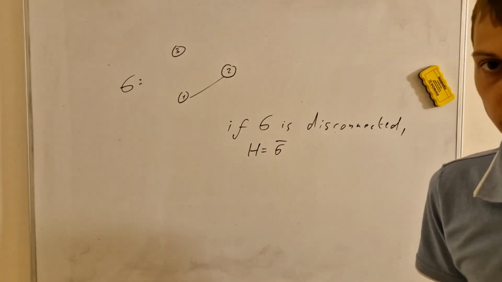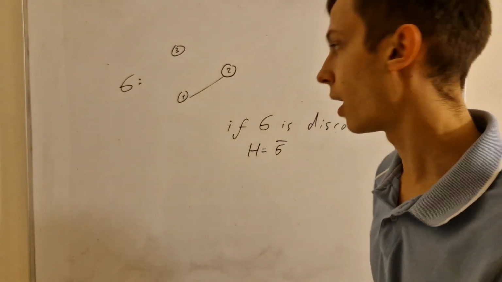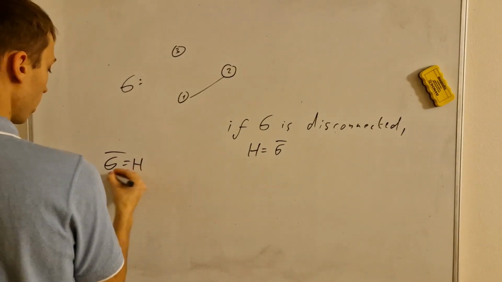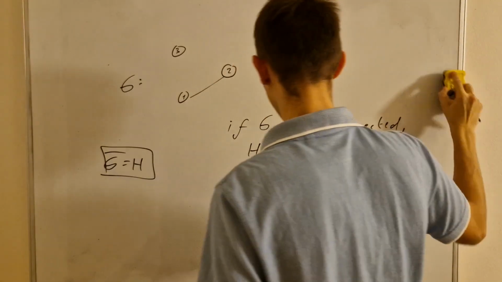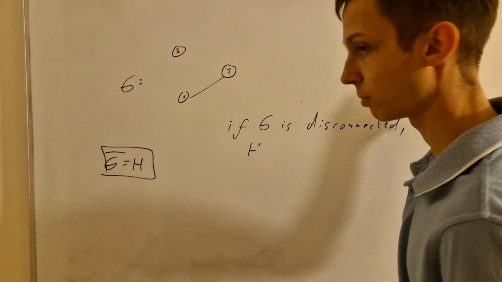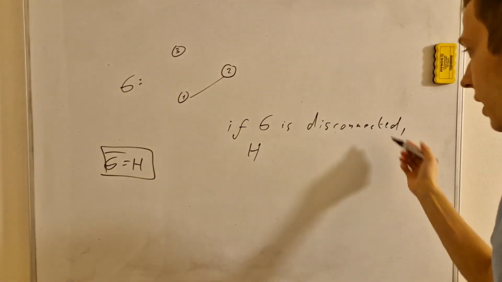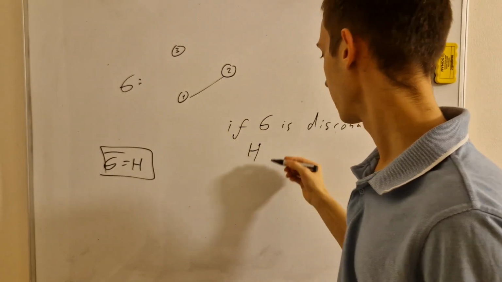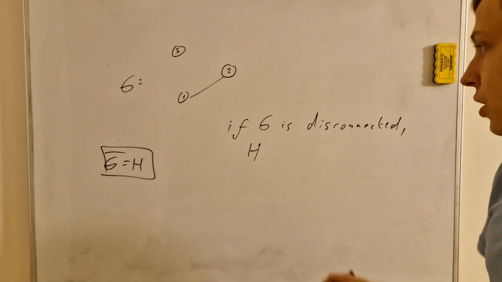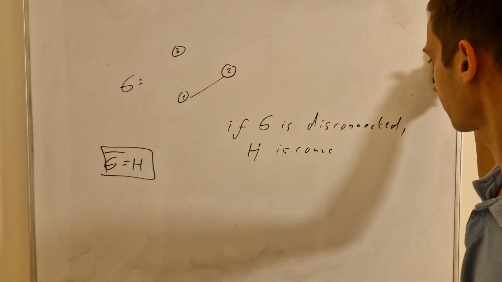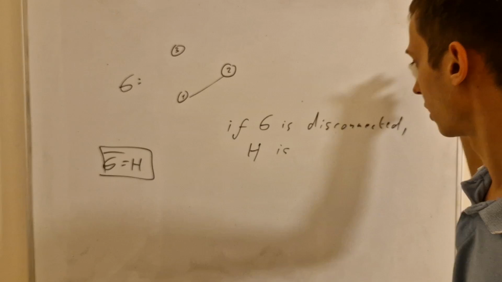But I call it H here, right? So H was the G bar. So I can say that this is our notation here, and we are really talking just about the H like we used before. So the complement H, if G is disconnected, then the complement H is connected.